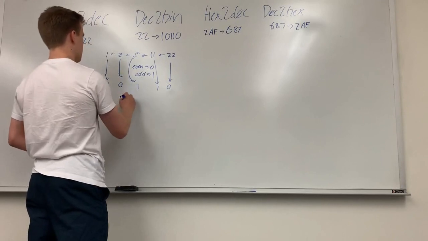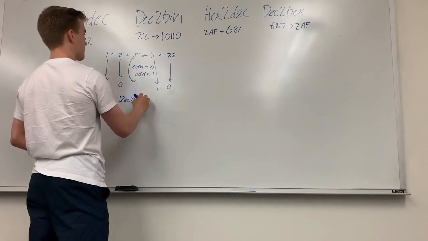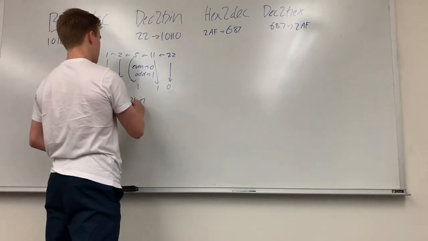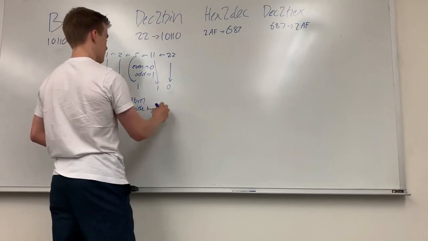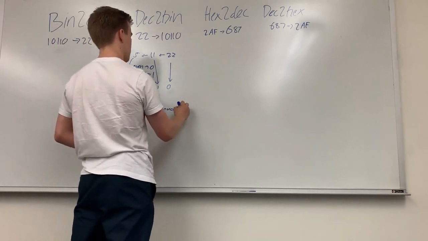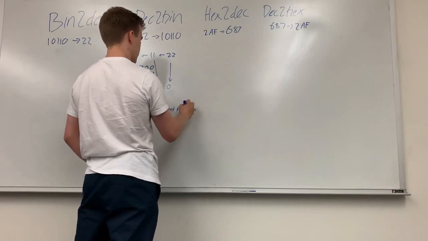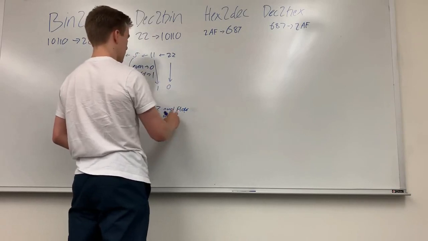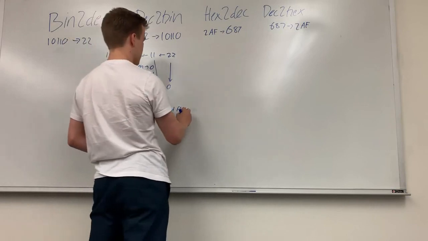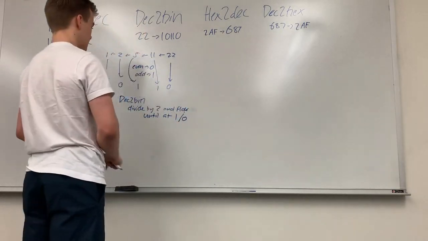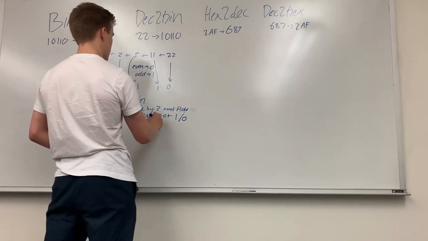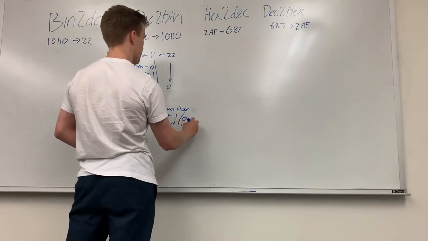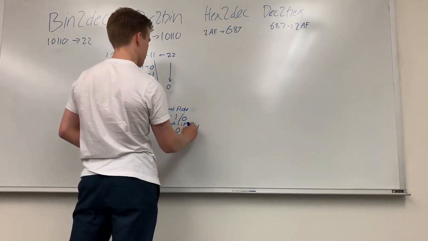In dec to bin, we're just going to divide by 2 and floor until we're at 1 or 0, depending on your base case. Each time, put 1 if odd, 0 if even.